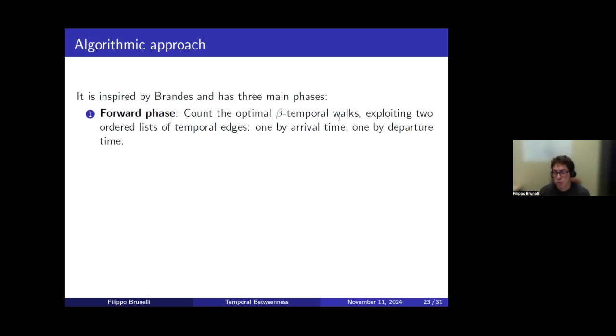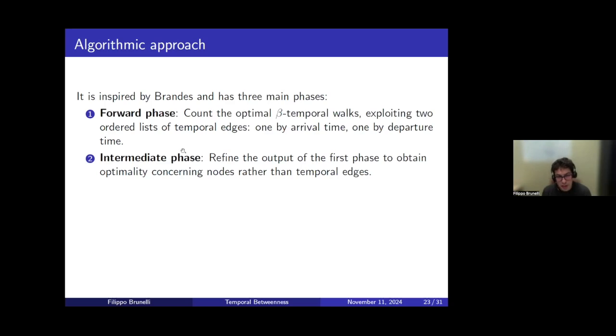So given a source node, let's say, we have to find which are the optimal beta temporal walks and count them. And to do this, we will see how we use the two different lists that I introduced just before.